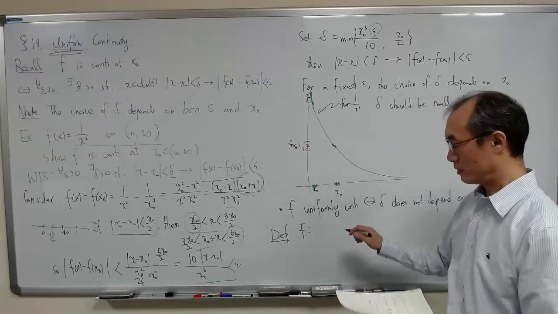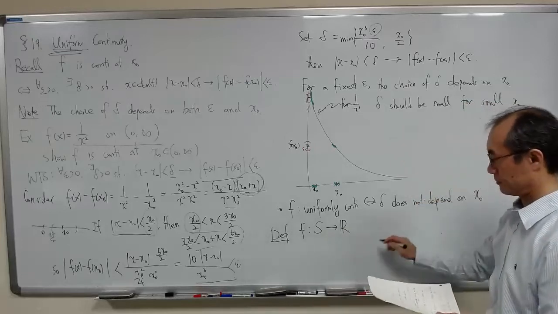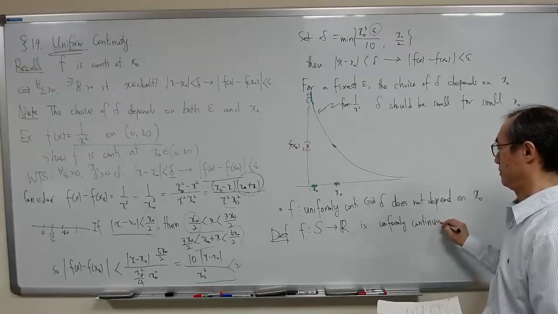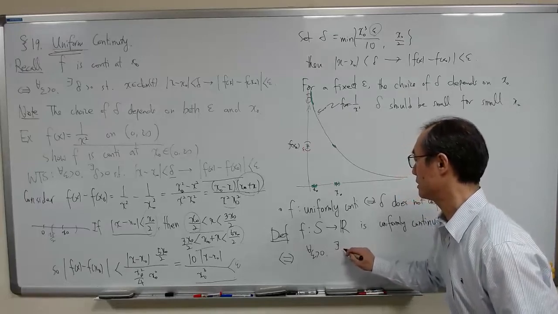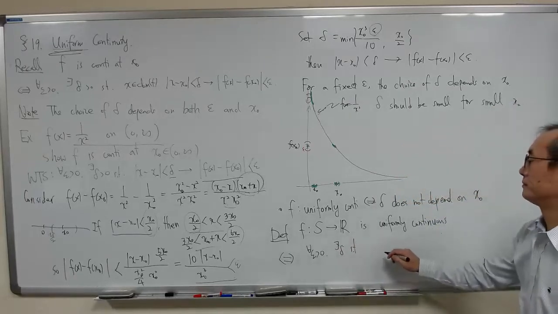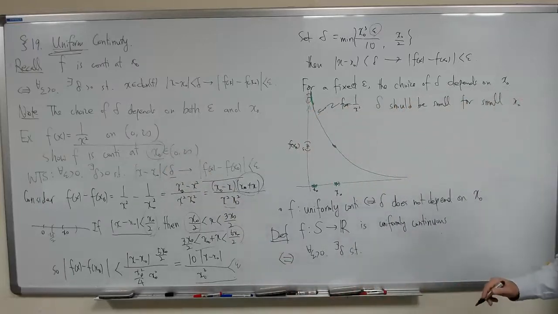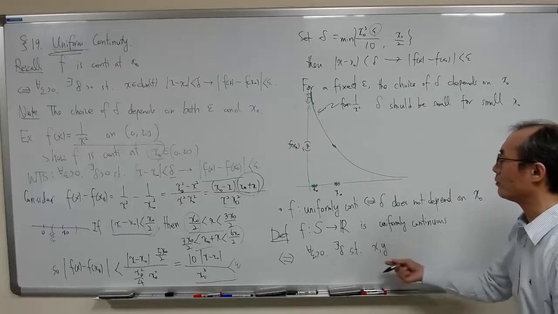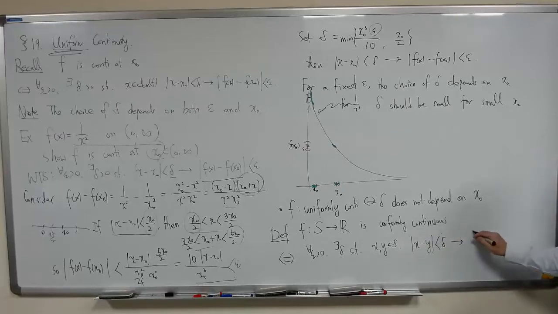A function f, a real valued function defined on the domain of definition S, is uniformly continuous if and only if for any epsilon there exists delta such that, so here we do not have a specific point x naught, for any epsilon there is this corresponding delta such that x and y, both of them variables in the domain of definition, if this difference is smaller than delta, that implies the difference between f of x and f of y is bounded by epsilon.